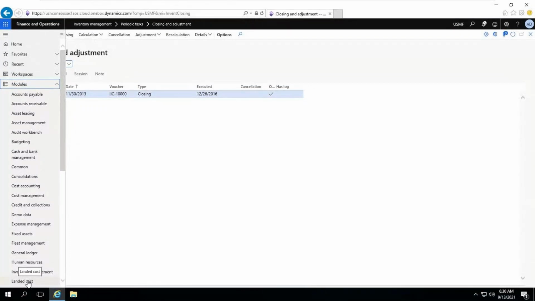I will explain what it means, but I'm not going to cover landed cost in depth. It was introduced recently and I'm still exploring. Once I explore, I will try to explain it, but it will take some time for me to understand. I know high-level inputs and I will share them with you.